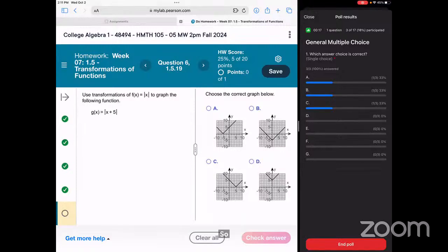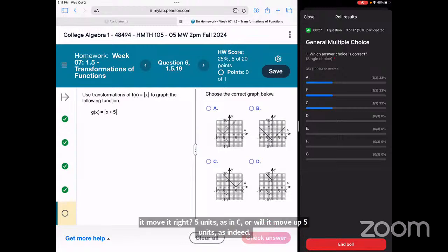Will it move it down 5 units as in B? Will it move it right 5 units as in C? Or will it move it up 5 units as in D? What do you think? Interesting. Okay, so the poll is closed.